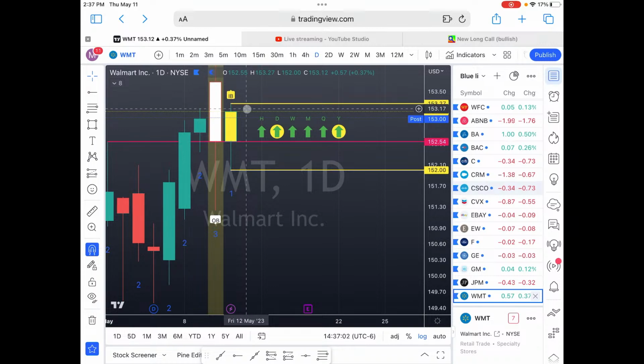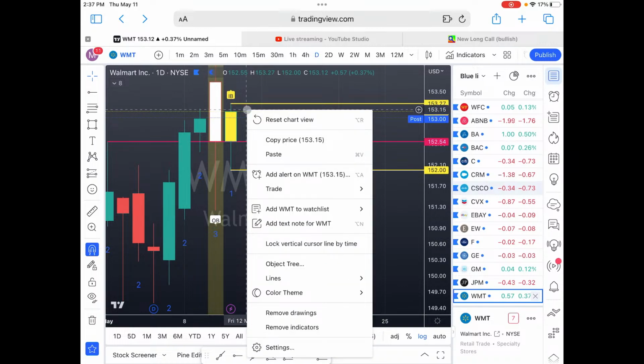Set an alert. On TradingView, you can right click and say add an alert, okay? And it'll set an alert at 153.15. Now your trigger is at 153.27, so it's giving you an alert just prior to that trigger being initiated, okay?